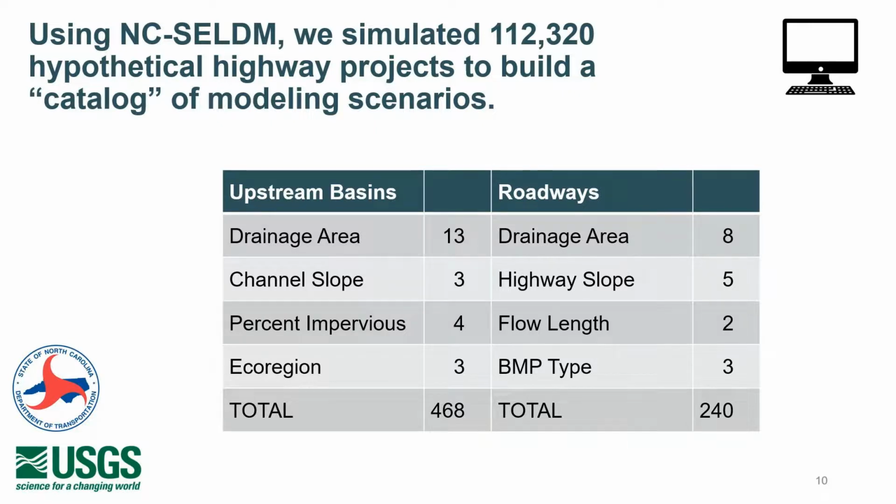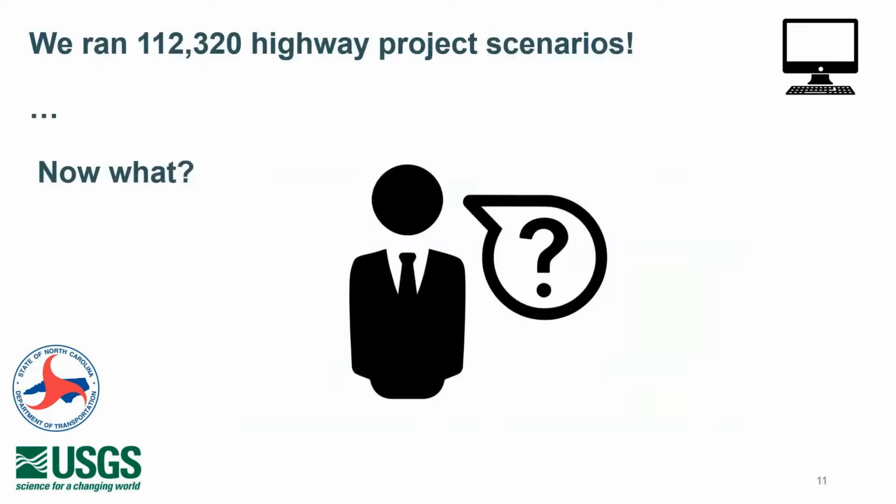So for each of those 112,000-ish scenarios, we ran NC SELDM, and it gave us a bunch of statistics to go off of. Again, each of those scenarios had 30-ish years' worth of rainfall events. So you can imagine that's a lot of data to sift through and build a catalog from. And that was our final challenge.